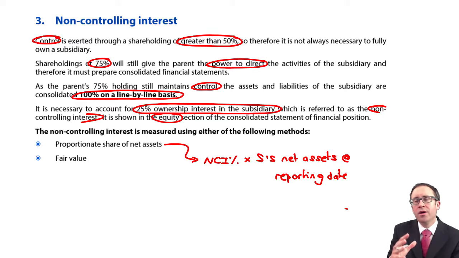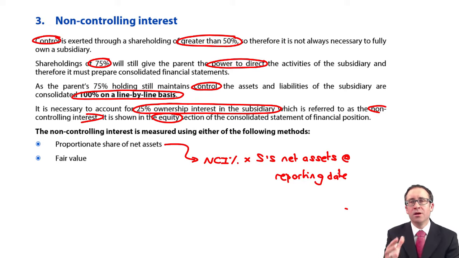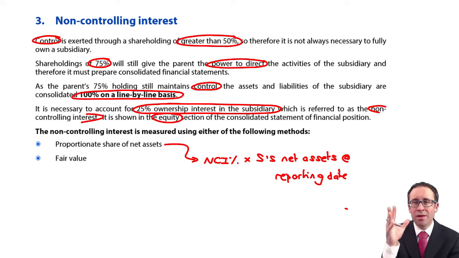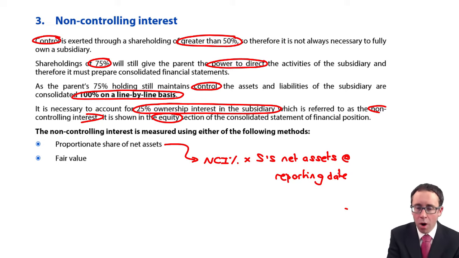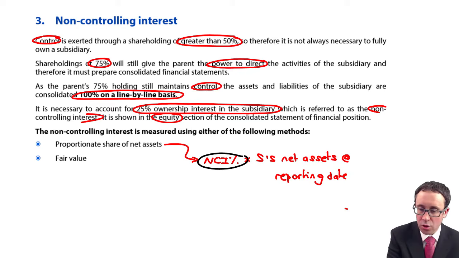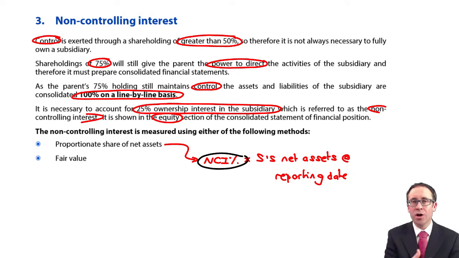If we've consolidated all the assets and all the liabilities 100%, we've consolidated the entire net assets, but we don't own all of them. So what proportion do we not own? We do not own the non-controlling interest share. So what we will do is show that non-controlling interest share of those net assets as a separate line within equity.